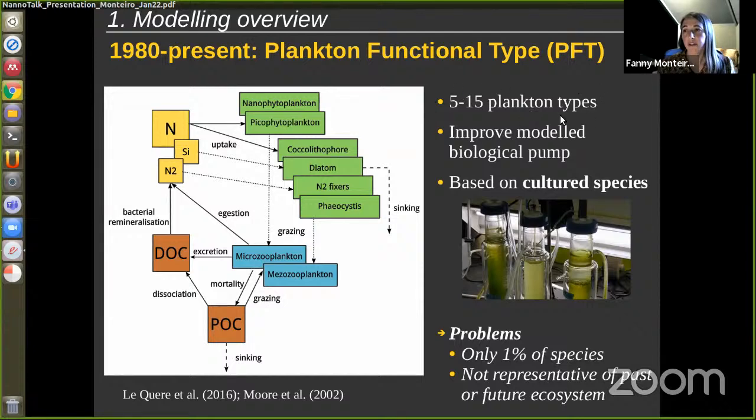And as we still use those models a lot, on average we have between 5 to 15 plankton types in those models. What they tend to be defined on is cultured species.